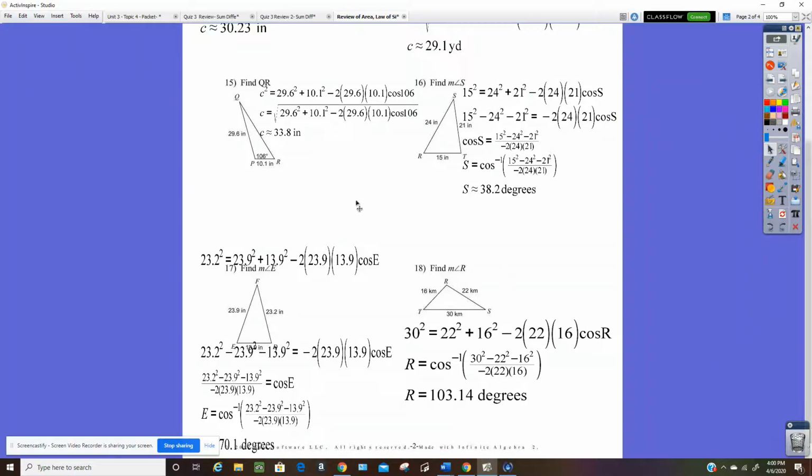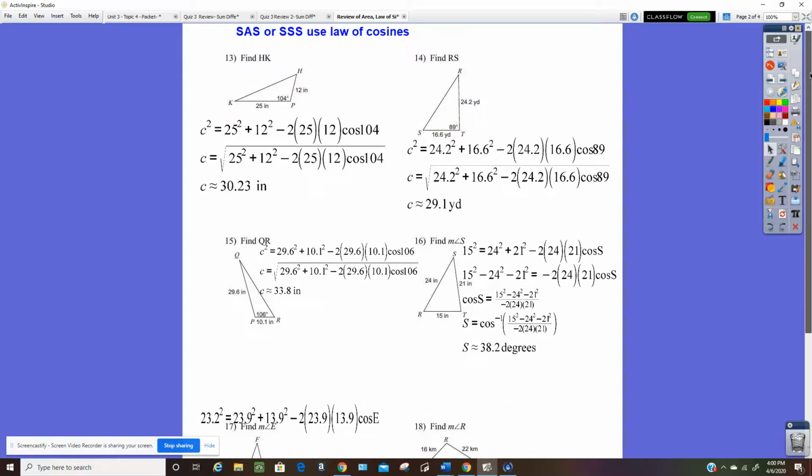So once again, this is a worksheet that I passed out before the break. If you're absent, then you might want to copy the problems first and then come back to the video to look at the answers. So try to do some of the problems on your own. On this side here, I would do one of these three because they're all the same.